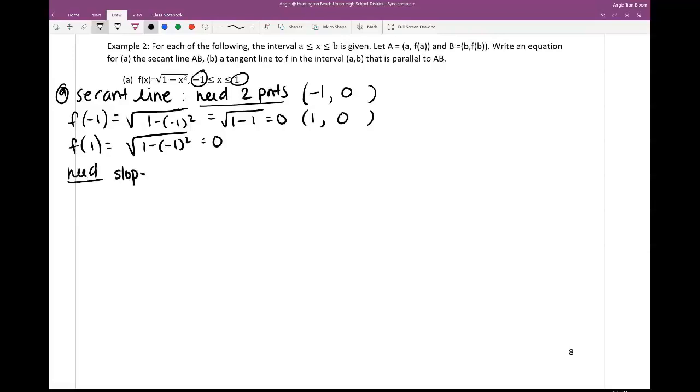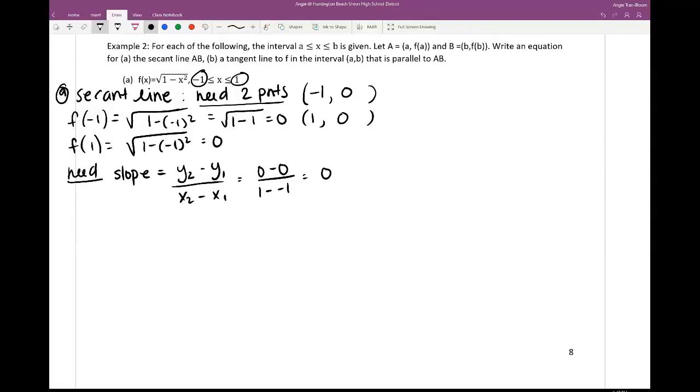Slope is y2 minus y1 over x2 minus x1. I have 2 points, so I'm just going to use that. So 0 minus 0 all over 1 minus -1. But that doesn't really matter because 0 divided by anything is 0. So now you have the slope is 0 and the 2 points.